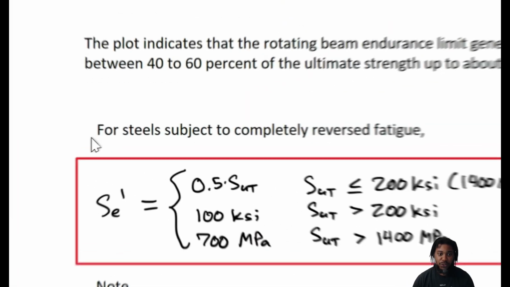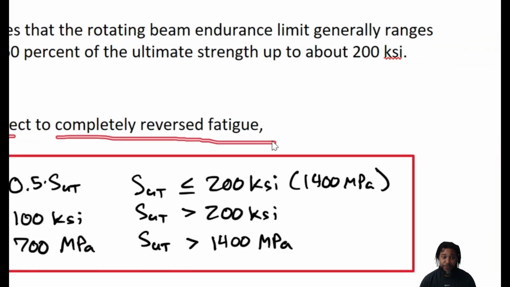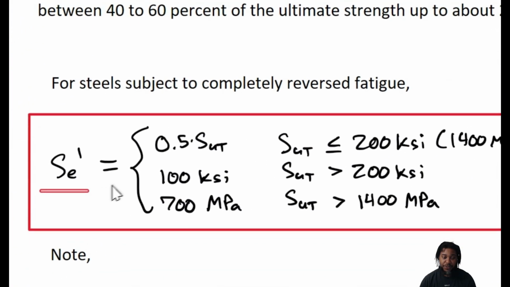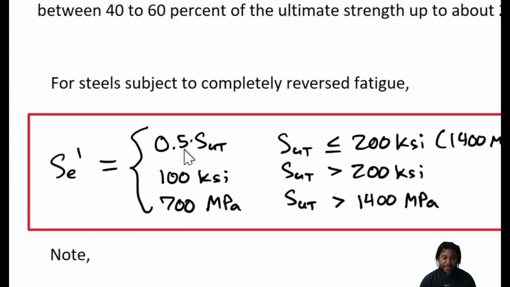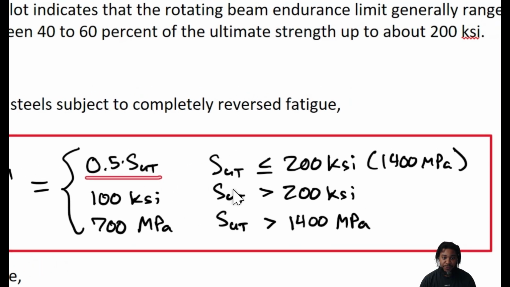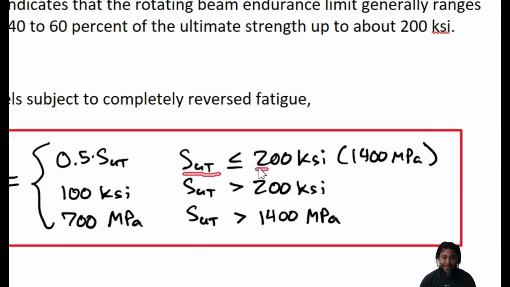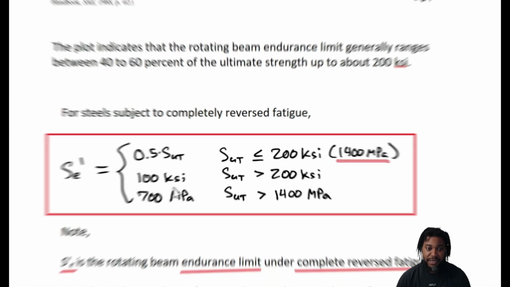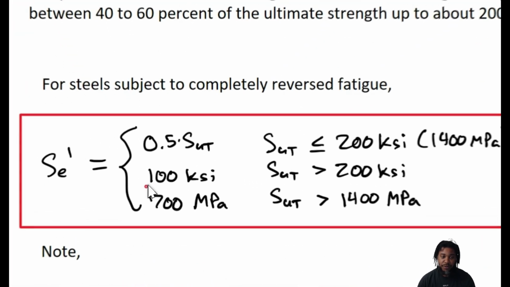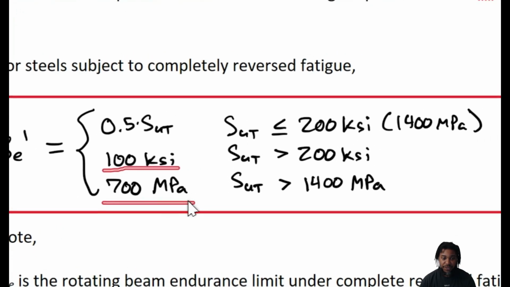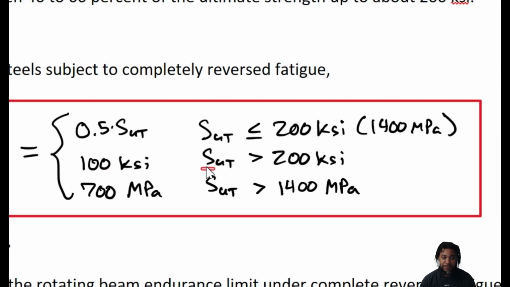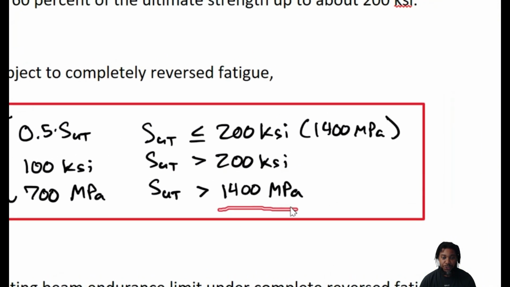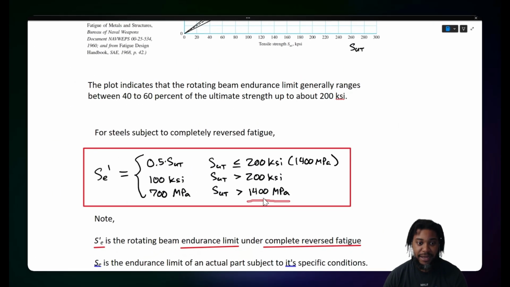So for steels subject to completely reversed fatigue, we can say that the rotating beam endurance limit is equal to half of the tensile strength if the ultimate tensile strength is less than 200 KSI or 1400 megapascal, and we can set it to a fixed value of 100 KSI or 700 megapascal if the tensile strength is greater than 200 KSI or 1400 megapascal.